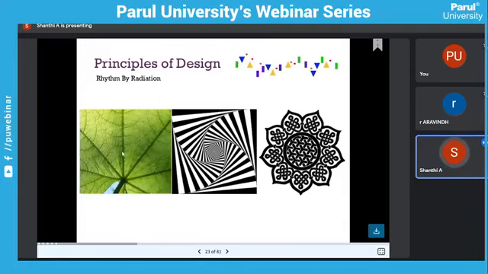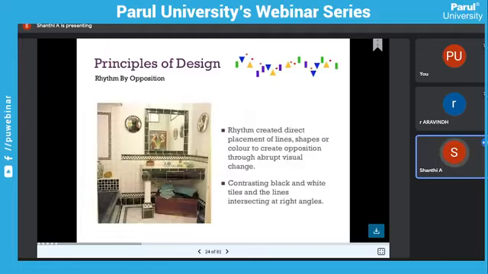So here it is radiating from the center point. Here it is radiating. Here it is radiating, but still we could feel a circular movement in all these things. So we could feel a rhythm. So we could feel a repetition in all this, which gives you a feel of repetition, and which gives you a feel of movement, which gives you a feel of liveliness. So this will be created using radiation, where something diverges from a particular point.